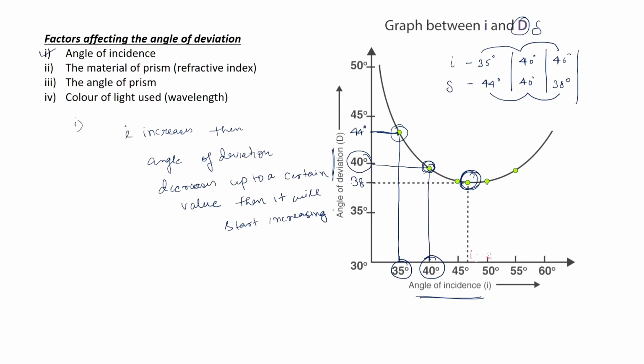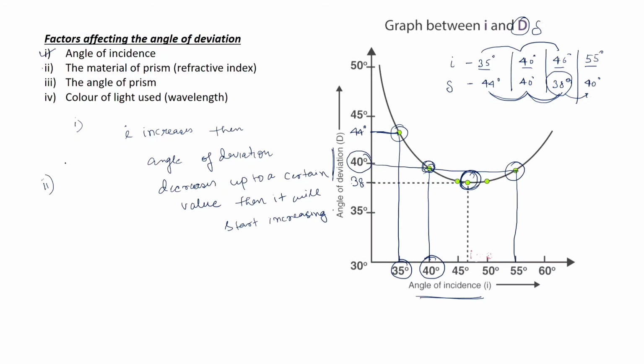If I consider this point, angle of incidence is 55 degrees and angle of deviation is 40 degrees. So look carefully, angle of incidence is increasing 35, 40, 46, 55, but angle of deviation is decreasing up to a certain point, up to 38 it was decreasing, then it starts increasing again. Keep this in mind. Next, the material of prism, means how it is dependent on the refractive index.